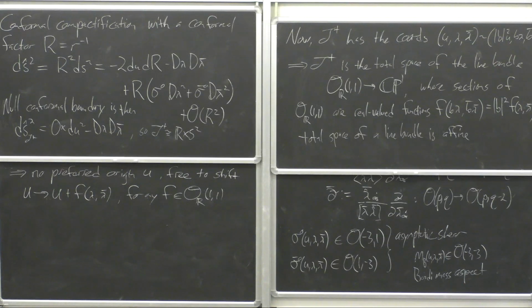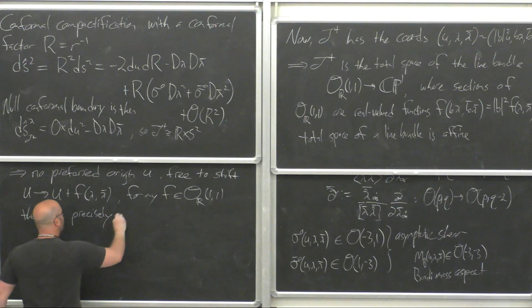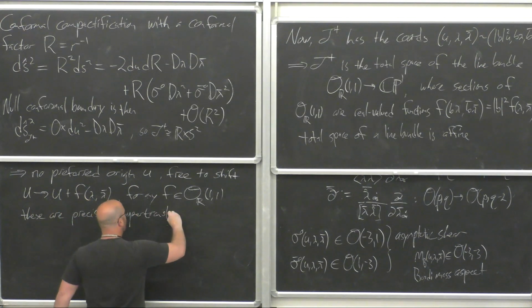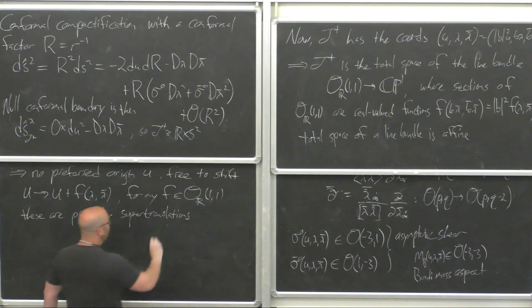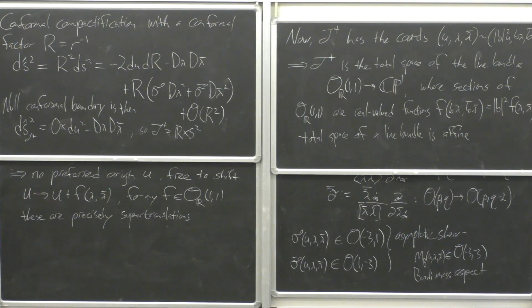What are these? These are supertranslations, right? I think this is a really nice way to see supertranslations popping out, because they're emerging as the symmetries of this description of scri as the total space of a line bundle.